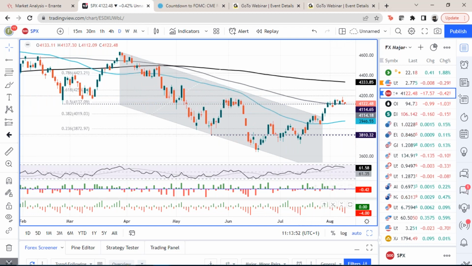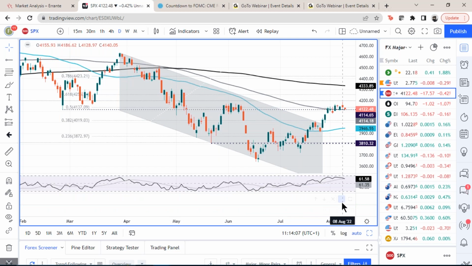If we go to the daily, probably more interesting for some of us. You notice I've put on these other little indicators here, the bottom one being consecutive days up or down, and then this one is percentage change, which can be helpful. But if I just take those off for now, this is the RSI. You can see this breakout of this bear channel.